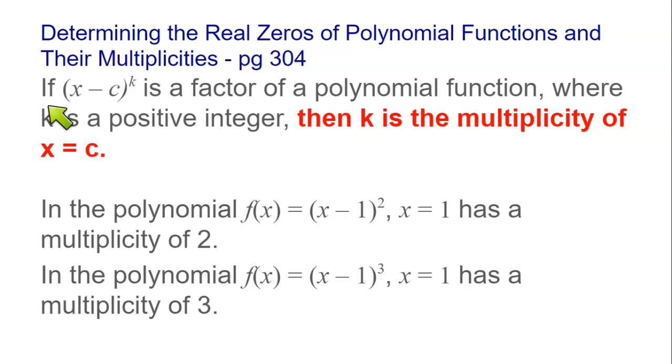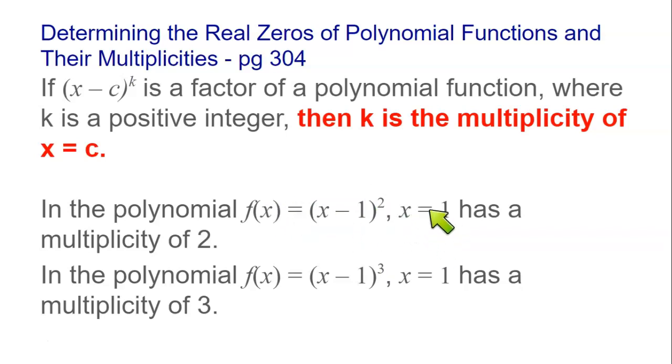So here we look at if x minus c to the kth power is a factor of a polynomial function where k is a positive integer, then k is the multiplicity of x equals c. If I look at those same two examples that we had in the graph, the polynomial function was f of x equals x minus 1 squared. If I solve this for x, set it equal to 0, I get x equals 1.